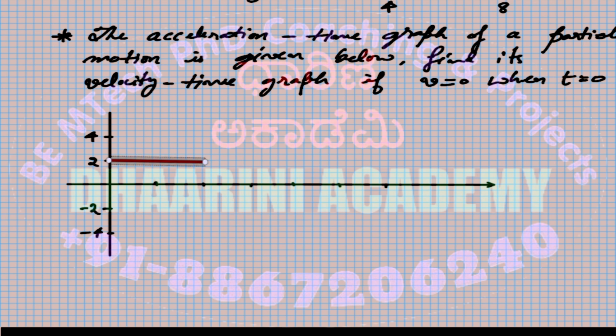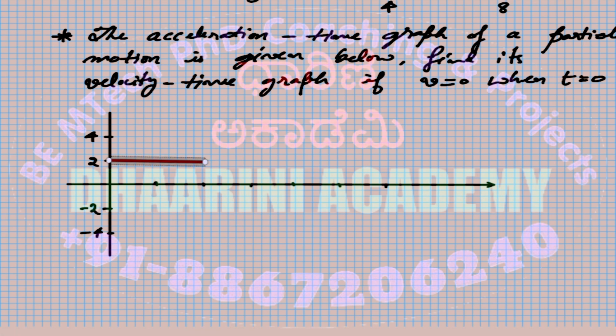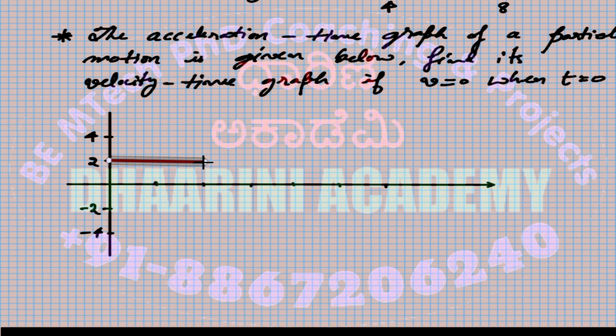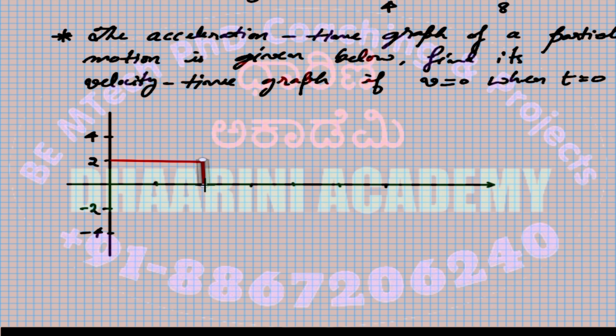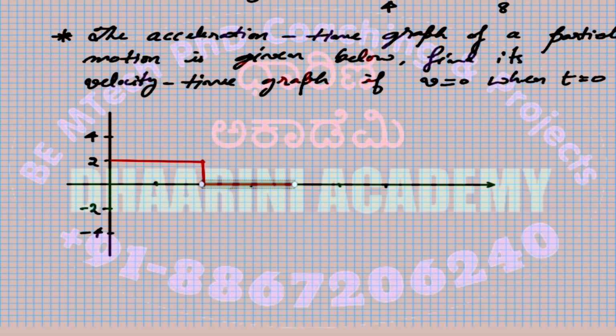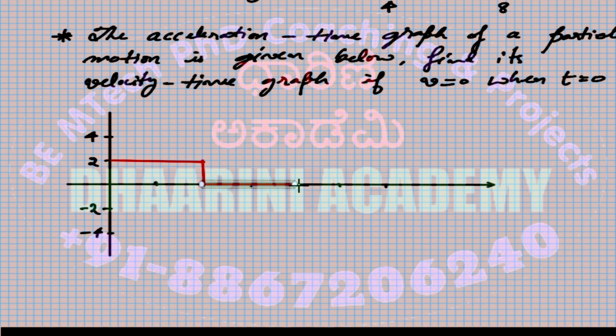And then the acceleration becomes equal to 0, so vertically coming down to 0, and starting from 0 till 4 it goes like this. Then from 4 to 6 it comes down to -4.